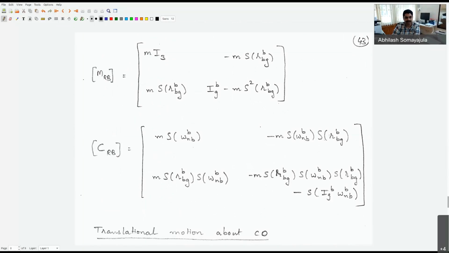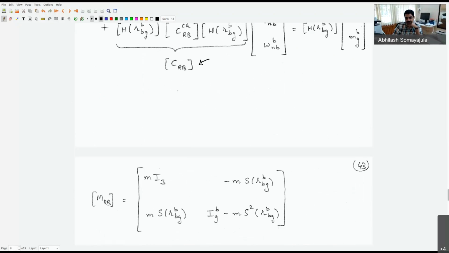I'll end up with the mass matrix having the mass times the identity matrix minus m times the skew symmetric matrix with respect to where the center of gravity is located with respect to the body fixed origin. And this one will be the same, but no minus sign here. And finally, we'll have the inertia matrix minus m times S squared of RBG.